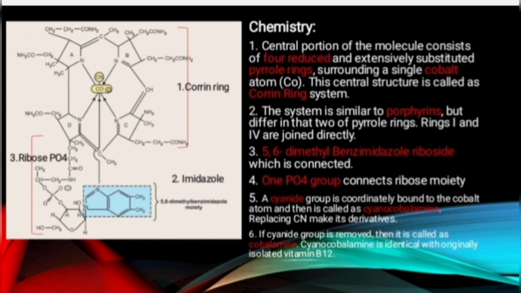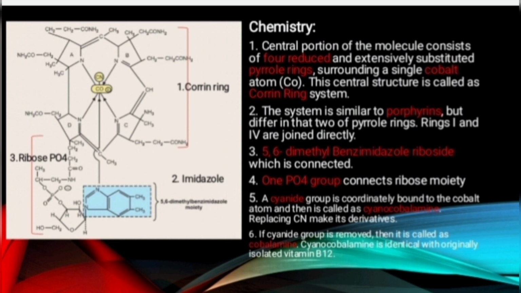In the body, vitamin B12 taken in any form is converted to a coenzyme of B12. The coenzymes, two in number, are called cobamide.